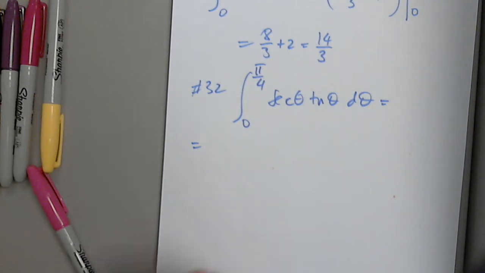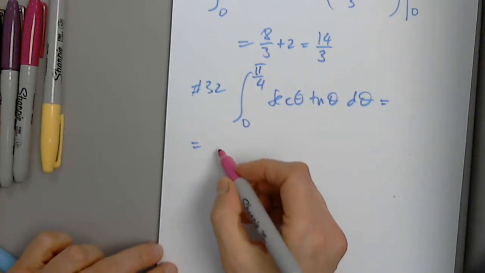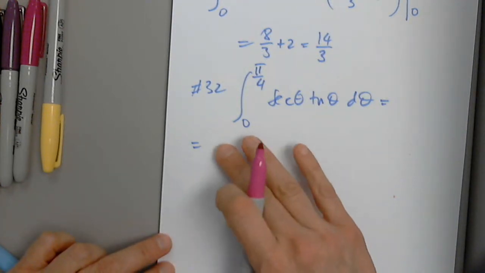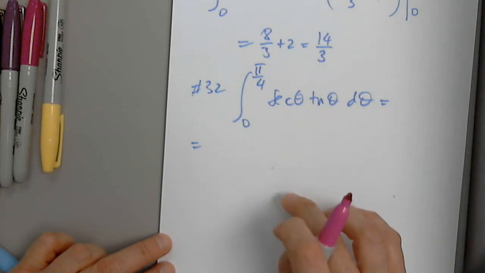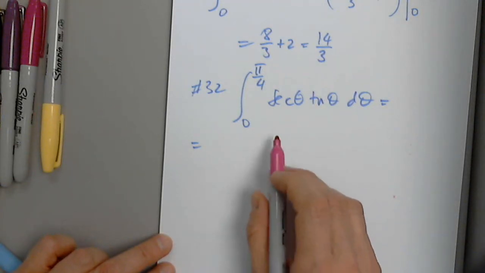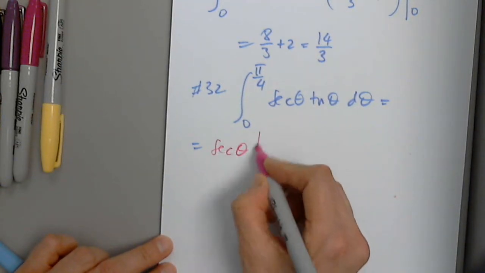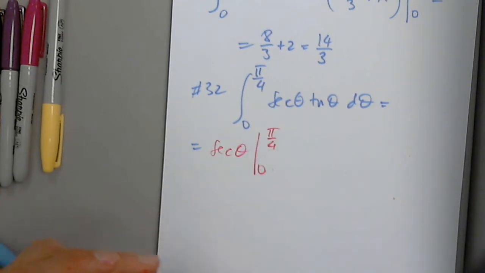Which function prime is secant tangent? Which function do I differentiate to get secant tangent? It's secant, right? Secant theta from 0 to pi over 4.